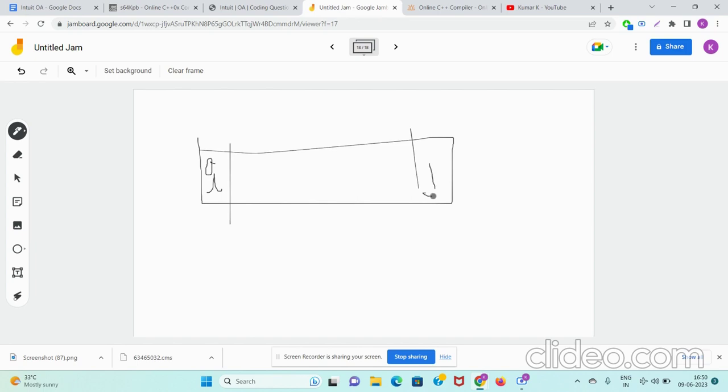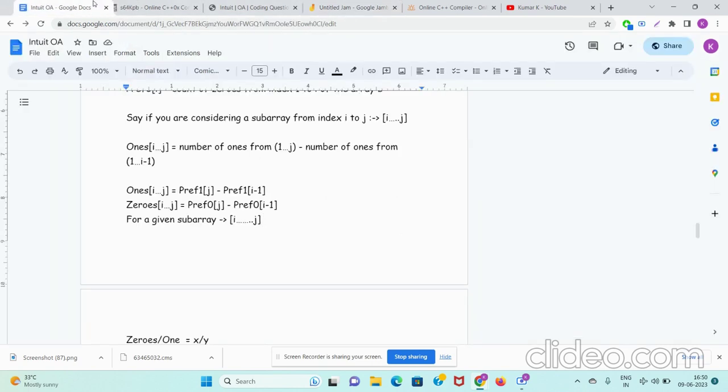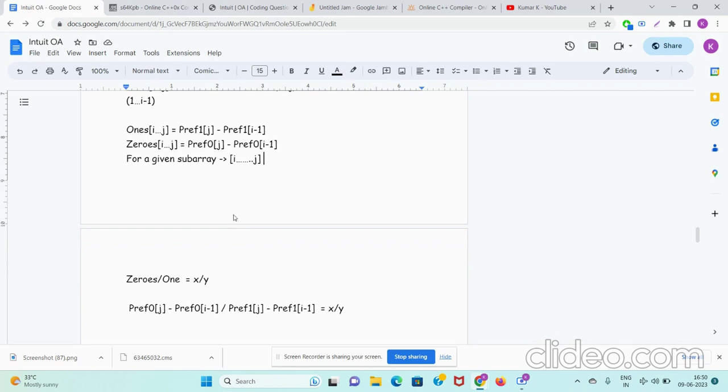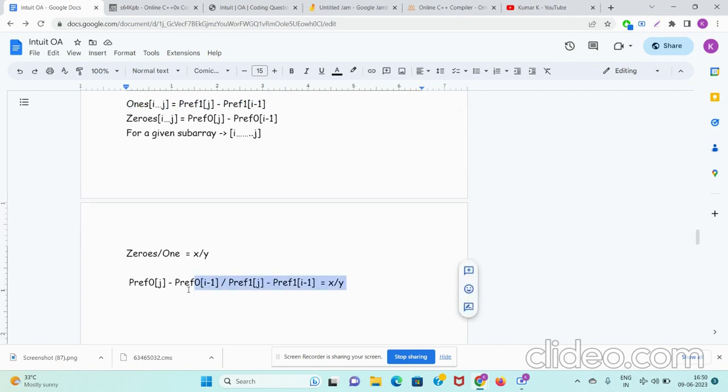What is the equation for this to be valid? The number of zeros divided by the number of ones should be equal to x by y. The number of zeros will be pref 0 j minus pref 0 I minus 1, divided by the number of ones, which is pref 1 j minus pref 1 I minus 1. So this divided by this should be equal to x by y.